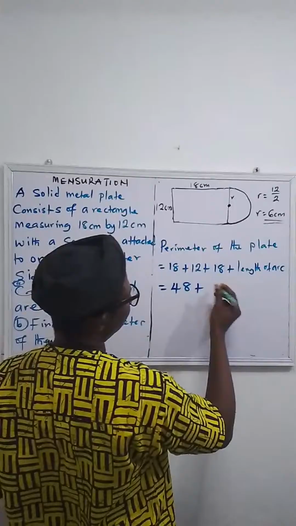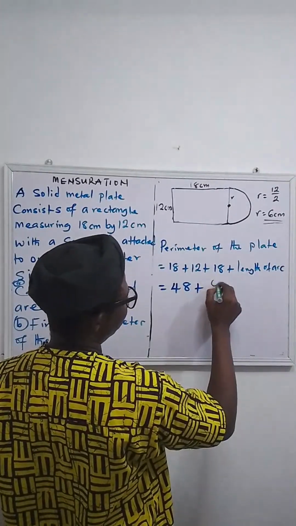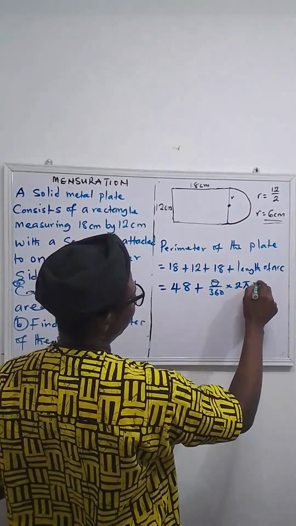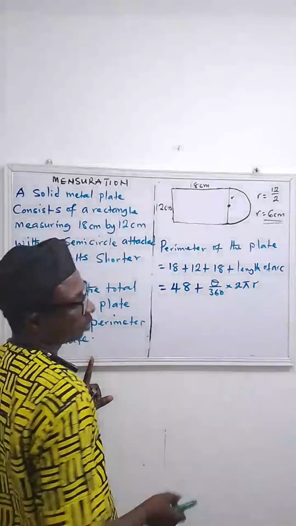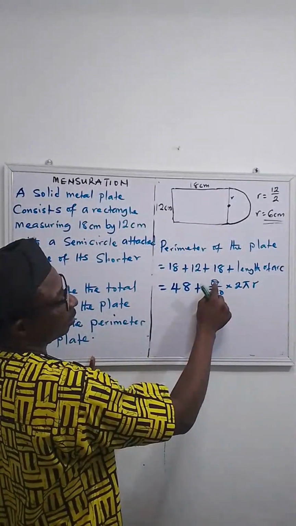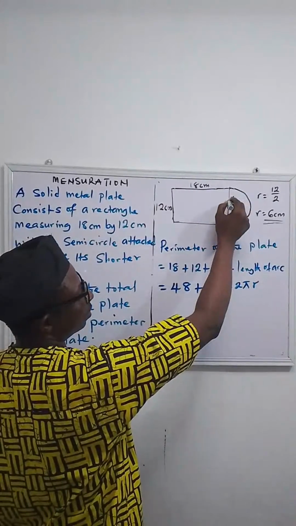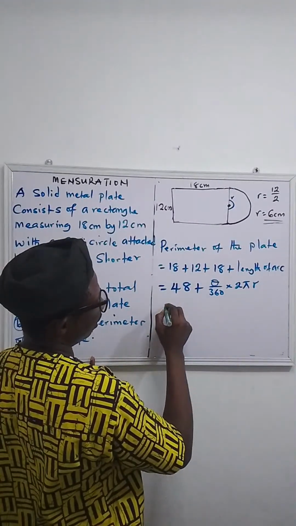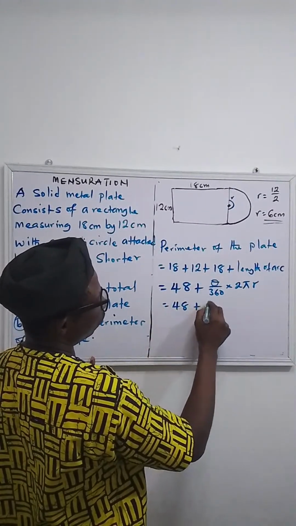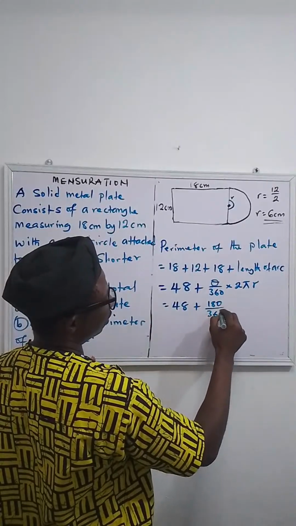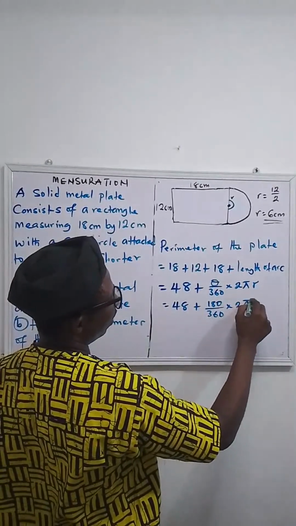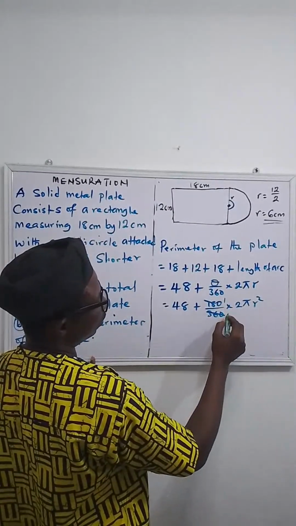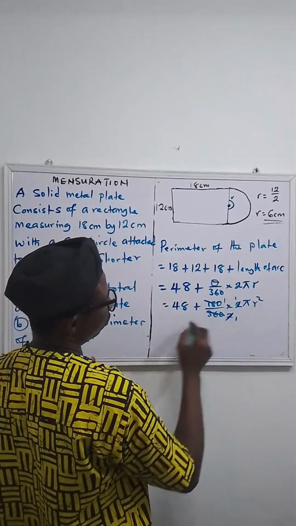The length of an arc is theta over 360 times 2 pi r. The angle here is 180. So now we just have 48 plus 180 over 360 times 2 pi r. 180 goes here 1, this goes here 2, 2 goes here 1.